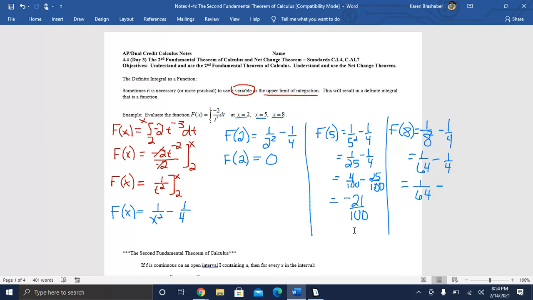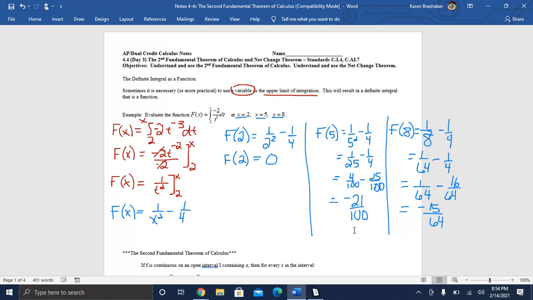That'd be 16/64. And when you subtract, you get negative 15/64. So there's your first example.